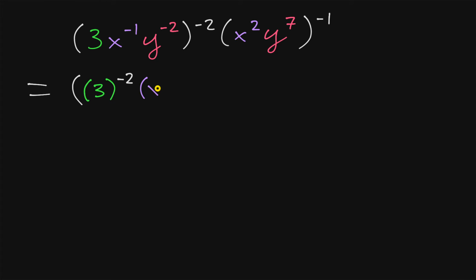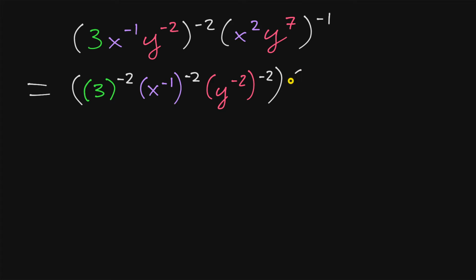I'm going to write x^-1 inside its own brackets, and then raise that to the power of negative 2, the power that is outside the bracket. And then I'm going to do the same thing for y: y^-2 inside its own brackets, raised to the power of negative 2, and now I'm going to close that bracket.